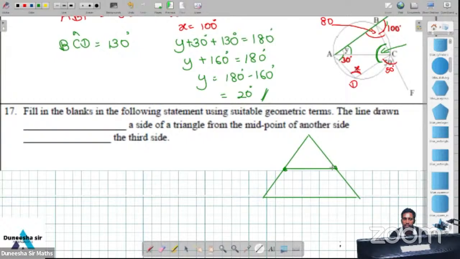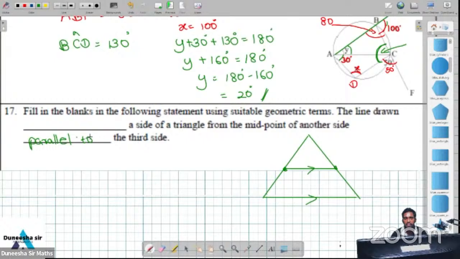Then the third side, what is it? Parallel to the third side.